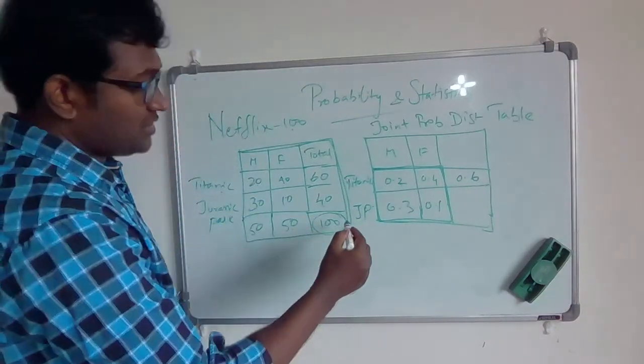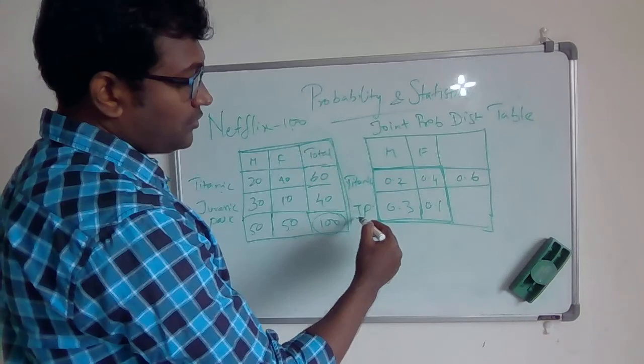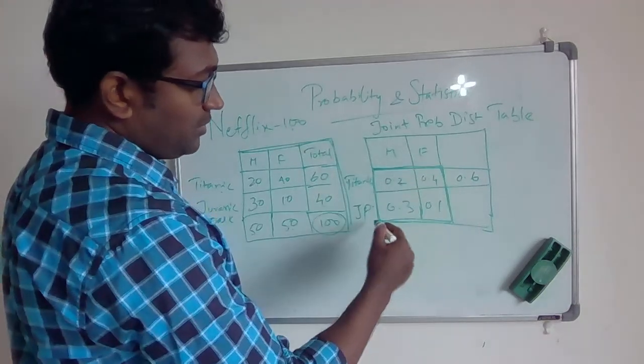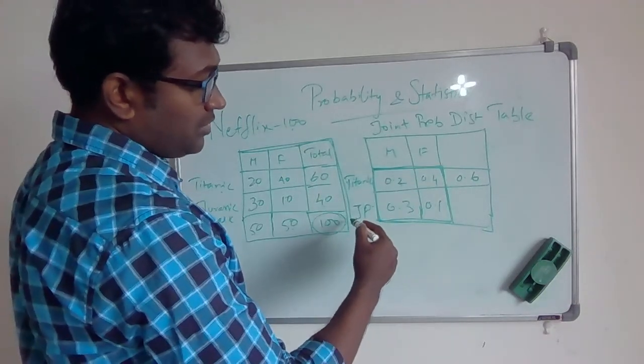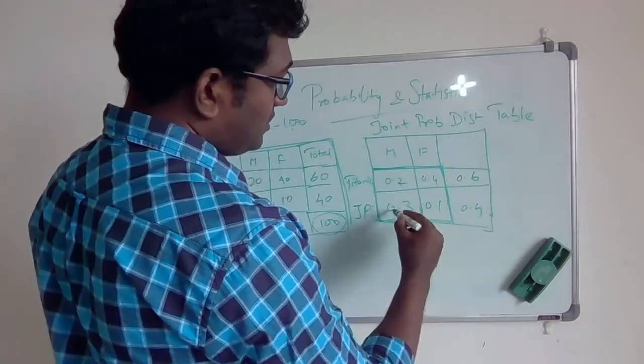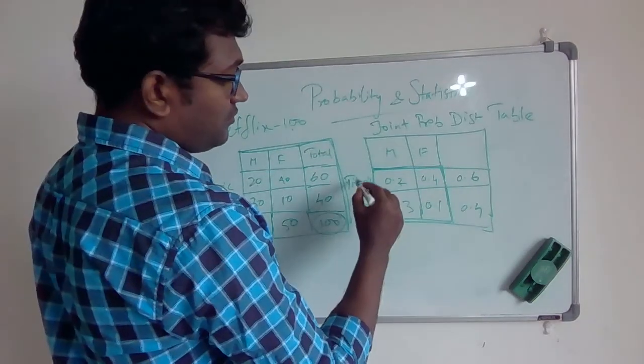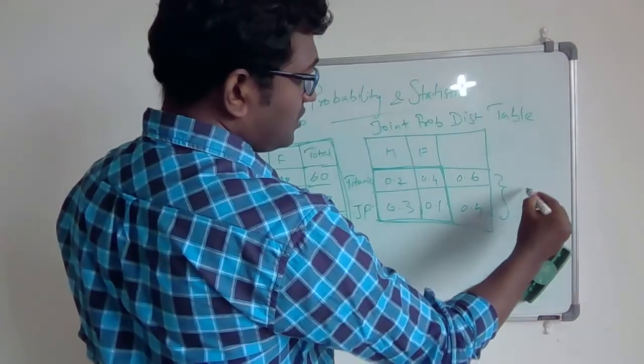And the same thing: if you look at the marginal probability of Jurassic Park, I don't care whether it was male or female. I just want to find out what proportion of people watched Jurassic Park. It will be 0.4, this plus this. So if you see the marginal probabilities of the movies, these two sum up to 1.